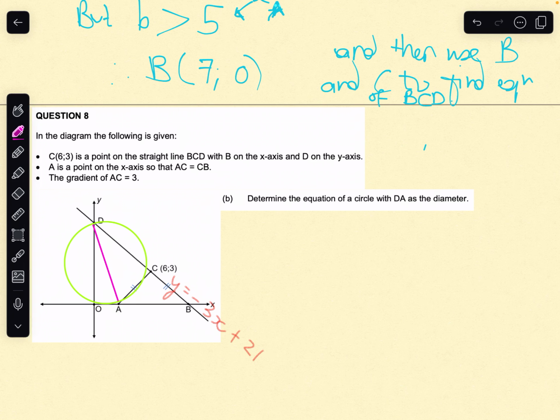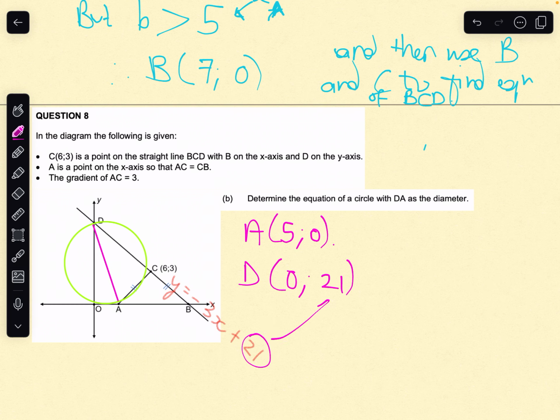So first things first, we know that A is 5, 0, and D, because it's the y-intercept, is 0, 21.